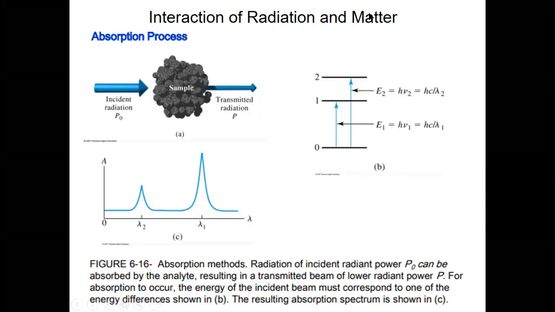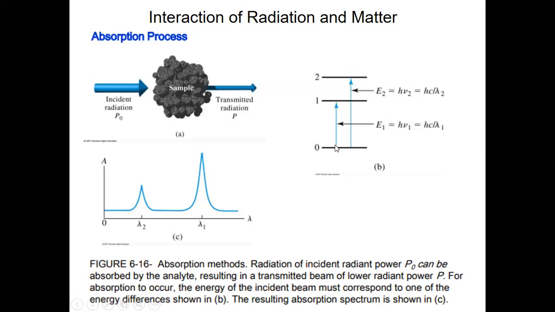So this is what is happening in the absorption process. Incident radiation goes to the sample and certain radiation is transmitted. We will measure the transmitted one. In the real situation, we detect the transmitted radiation, and by taking the difference, we measure the absorption. This is the energy level diagram.